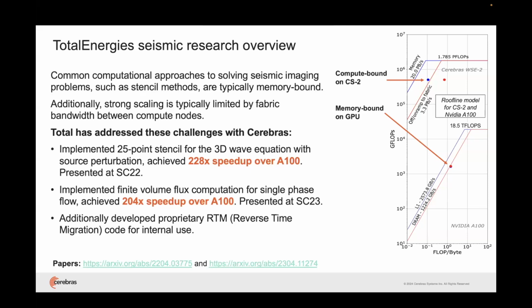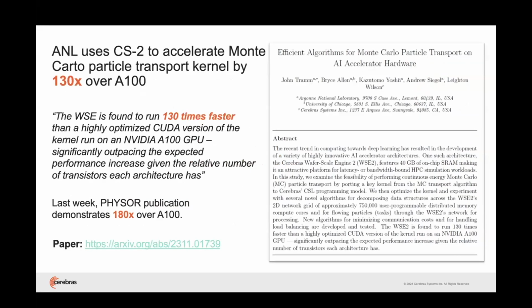A researcher at ANL also did some really neat work in a completely different domain using the SDK. This was work on Monte Carlo particle transport, particularly on the macroscopic cross-section lookup kernel.